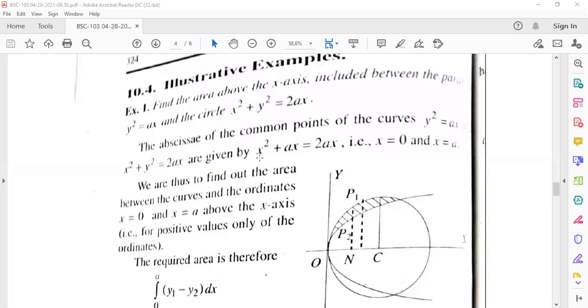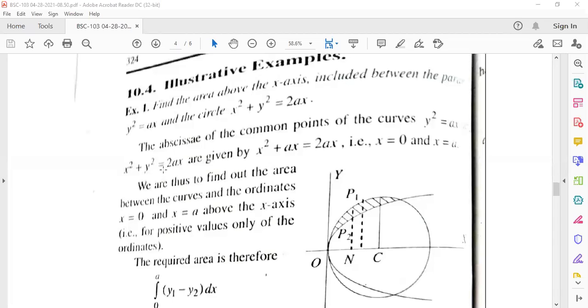Actually, we have to find out this point and this point, where the two curves are meeting. So we have to solve these two curves. We have y square equal to ax and x square plus y square equal to 2x. We can find the value of y square from here: y square is equal to 2x minus x square.